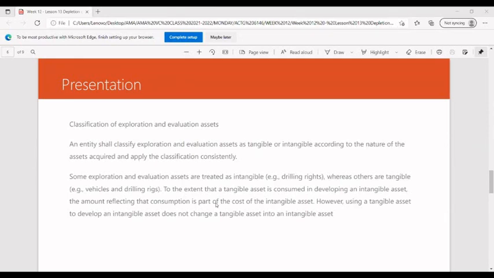So hindi siya pwedeng i-convert to intangible, magiging tangible siya. The tangible assets are merely those assets that we can touch, we can feel, we can hold, makikita, mahahawakan, like land, building, equipment, machineries.